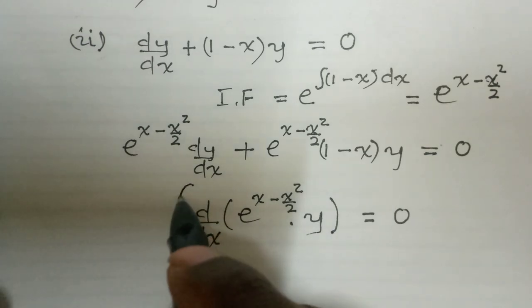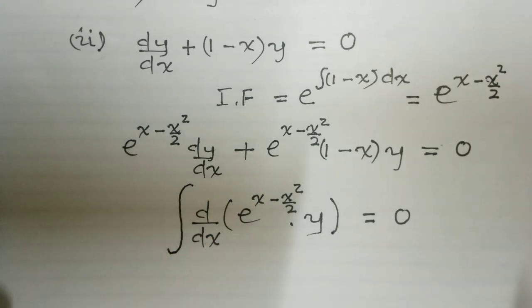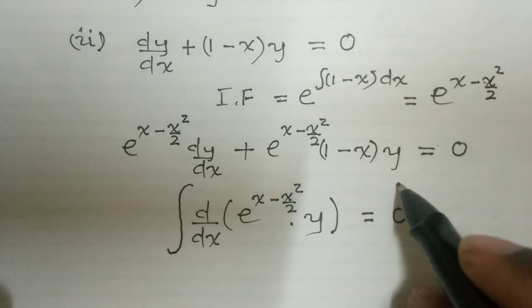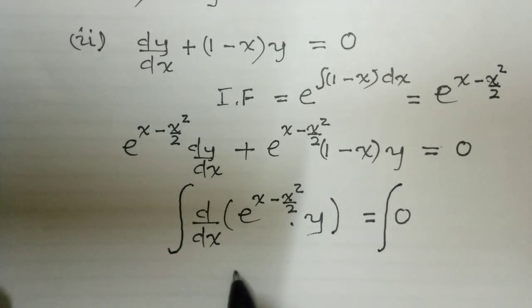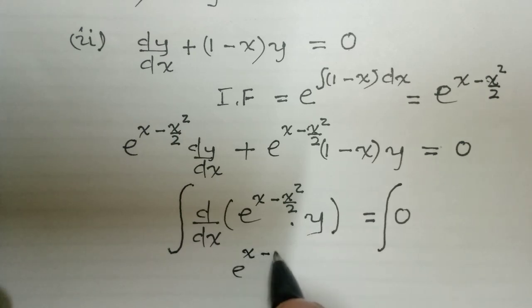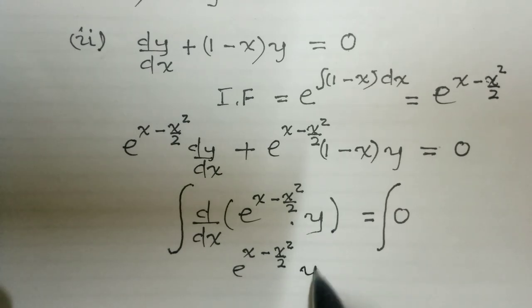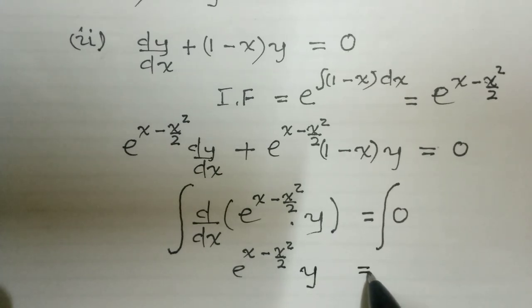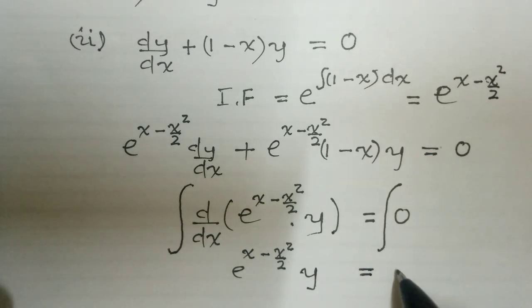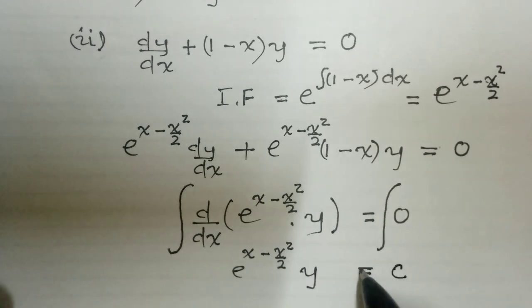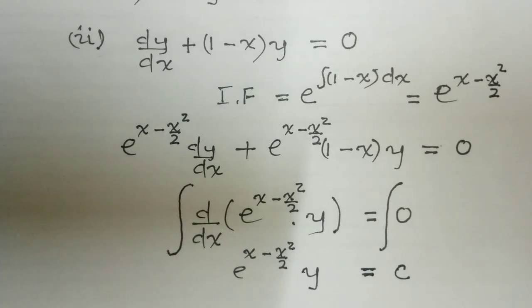We integrate this side and also we integrate this side. So this side we shall have e raised to x minus x squared over 2 times y. This one will be 0 plus a constant. So there is going to be a constant there.